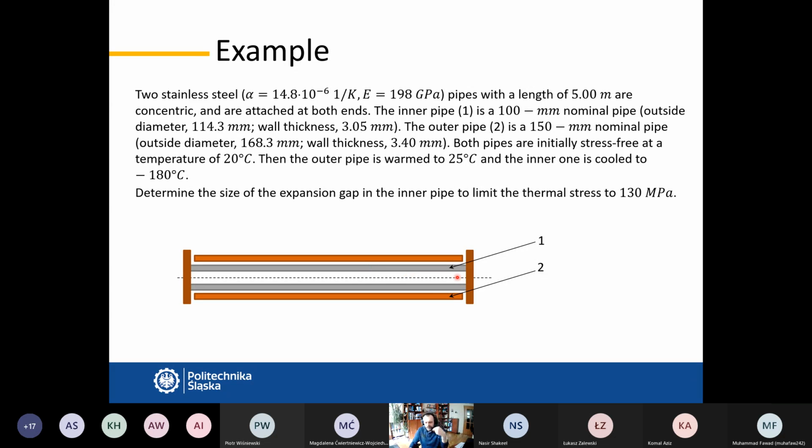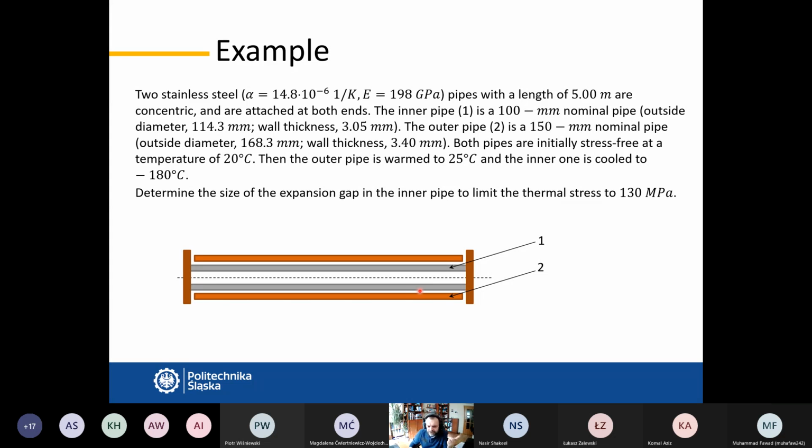look once more at the direction of stresses. If this one shrinks, so it is shorter, they come into contact, and the inner pipe tries to compress the outer pipe, and the outer pipe tries to extend the internal pipe.